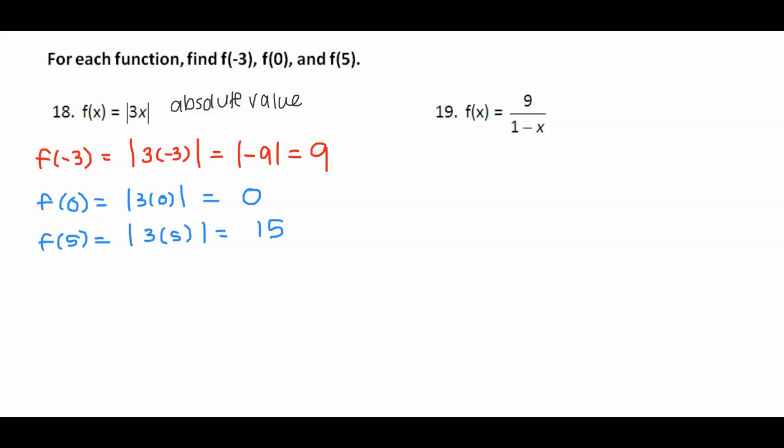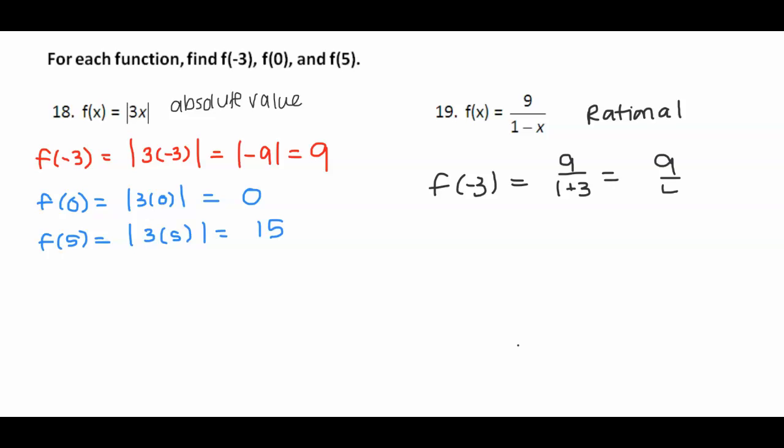Remember, 19 is what we call a rational. Might be bonus on our next quiz, knowing what they are. And then f of negative 3 is 9 over 1 minus a minus 3, so it turns to a positive.